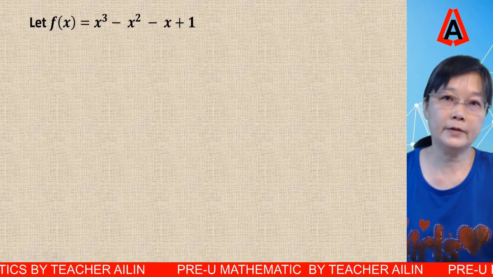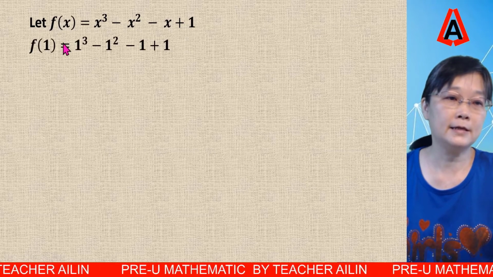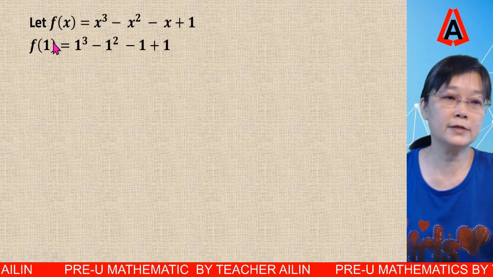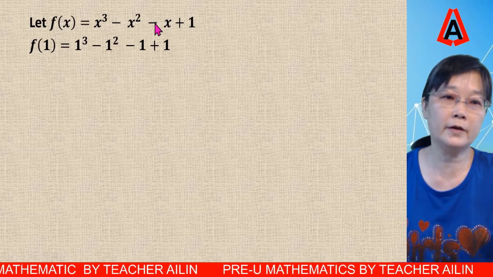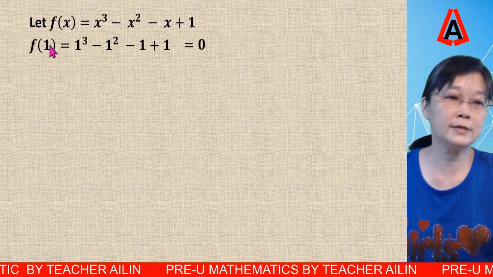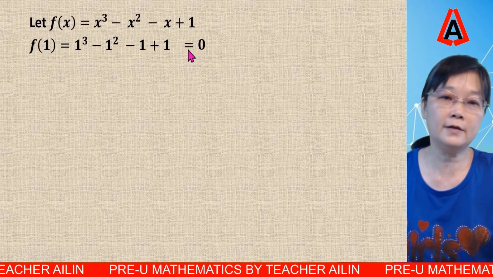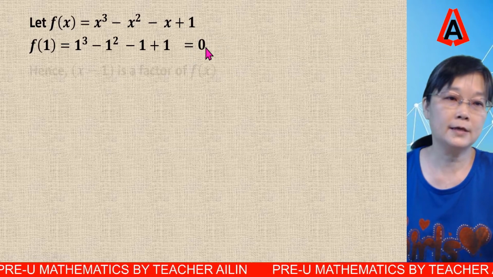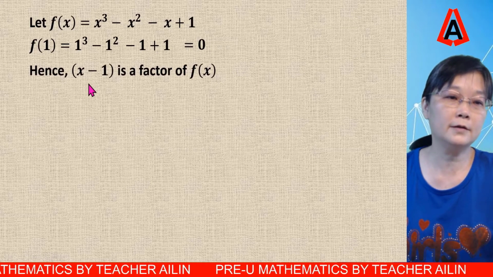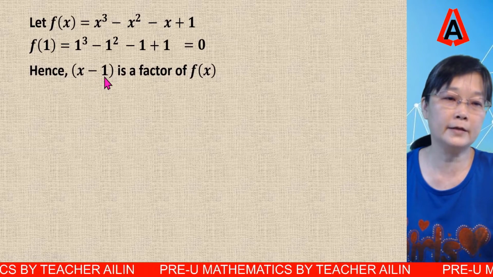And I will repeat the same process. That is, I try to choose any values of x and substitute into this polynomial. And when I choose x equal to 1, I find that the result is equal to 0. So once again, for this polynomial, the factor is x minus 1.